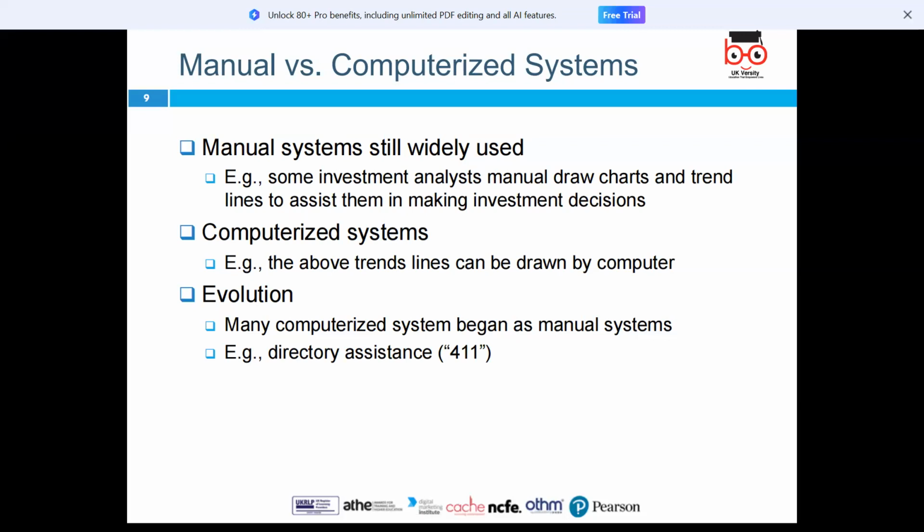We have manual versus computerized system. When it comes to working in the IT department and you have some type of system in place, they'll create some sort of automation, some sort of computerized system that does not require the human intervention of a specialist.